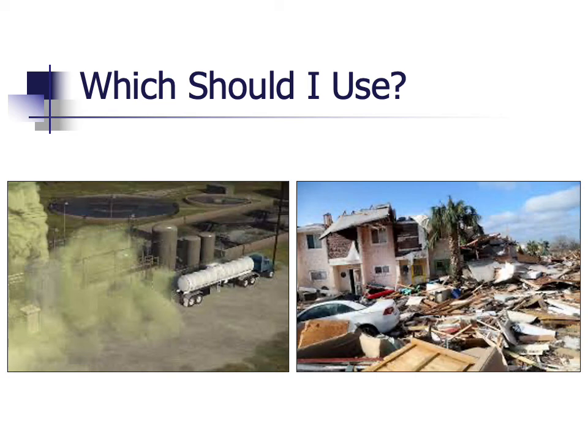Let's say that there's a chemical release at some industrial facility. In this particular case, we need some very specialized knowledge to deal with this disaster. So in this situation, we might really need to rely on the traditional model, making sure that we have expertise and hierarchy and standard operating procedures to deal with this particular chemical release.